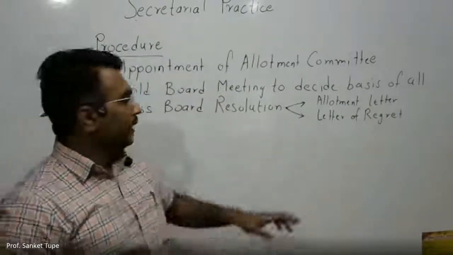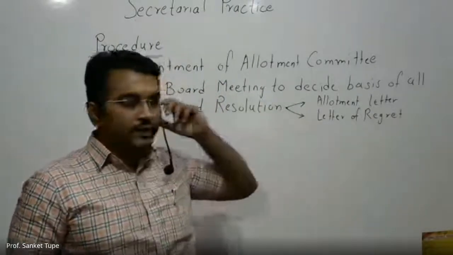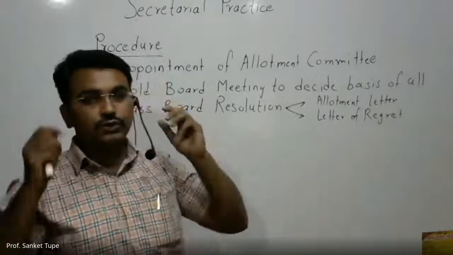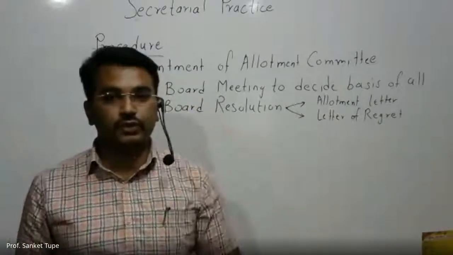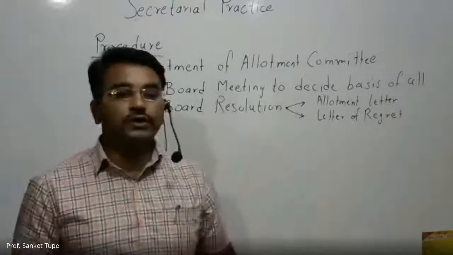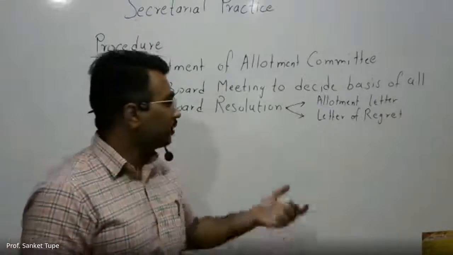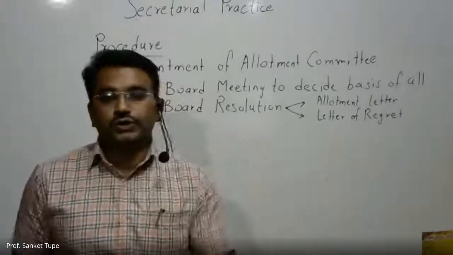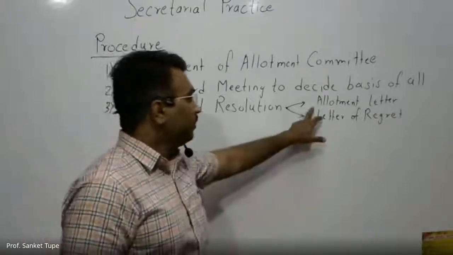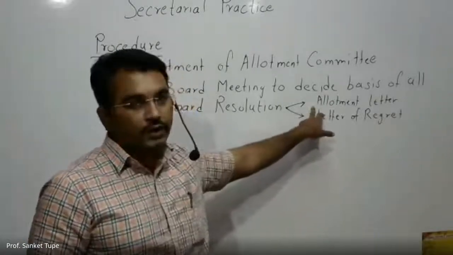Means what? The person who is going to be a member of the company, a shareholder, to whom the shares of the company are allotted, will get the allotment letter.